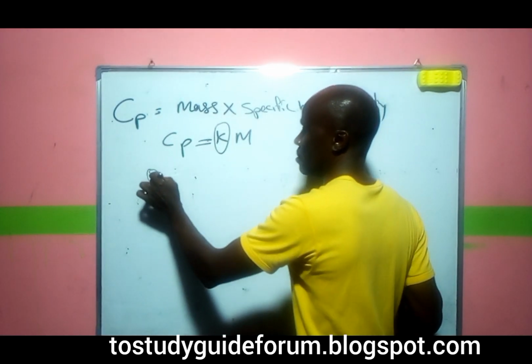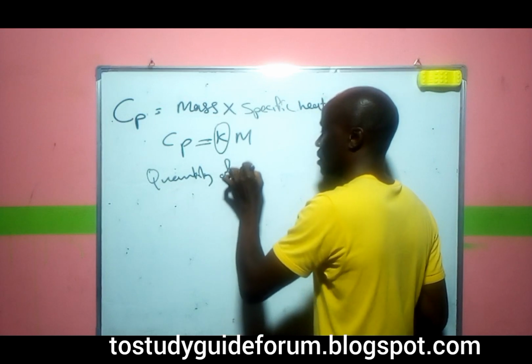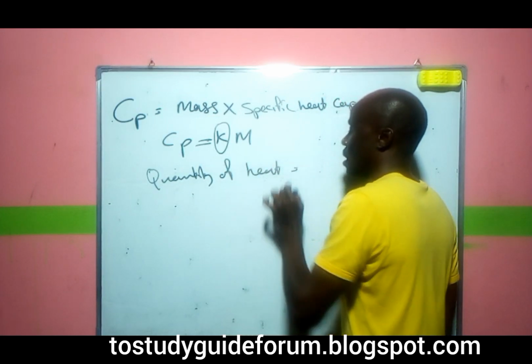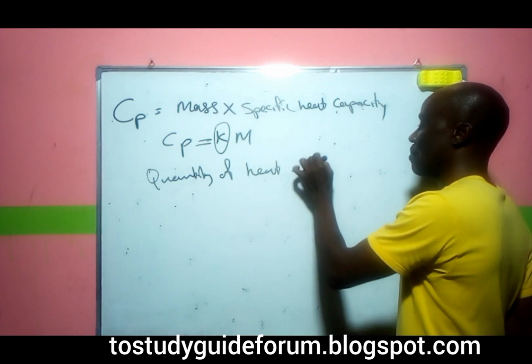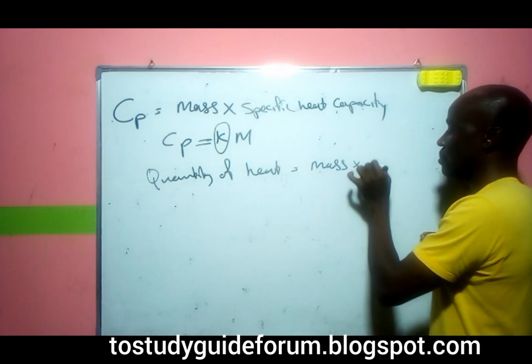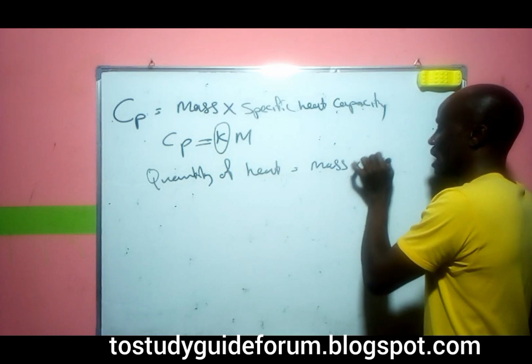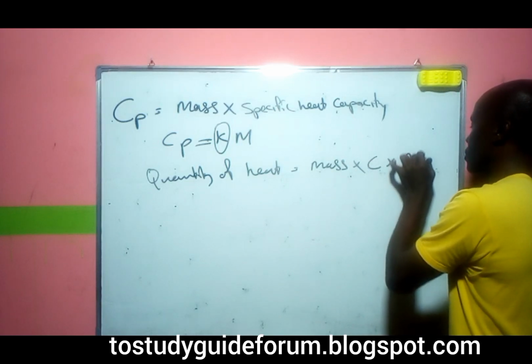But to find the specific heat capacity of a substance, we consider the quantity of heat. To calculate the quantity of heat, we need the mass, we need the specific heat, which we can call C, and the change in temperature.